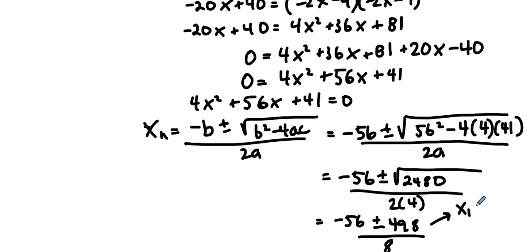Okay, and our two values for x are negative 0.78 and negative 13.2. Okay, so I'm just going to go back to the drawing and see if that makes sense.